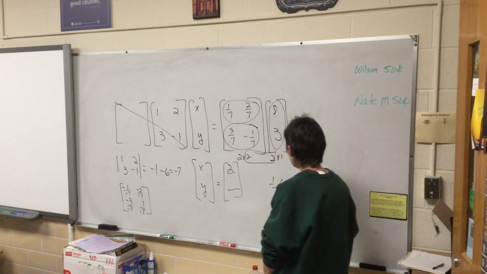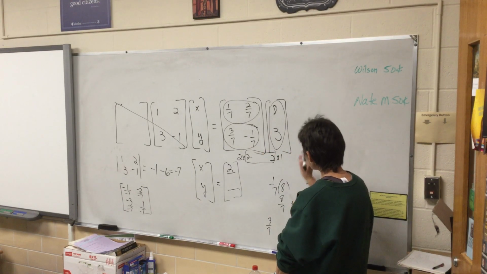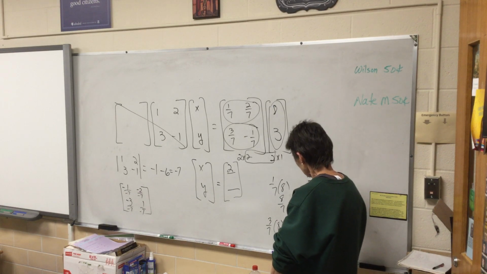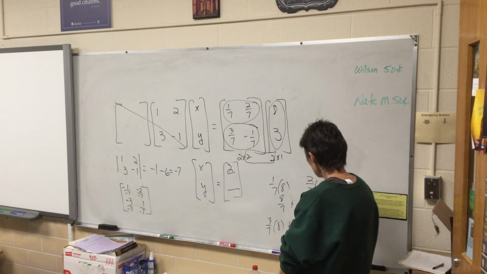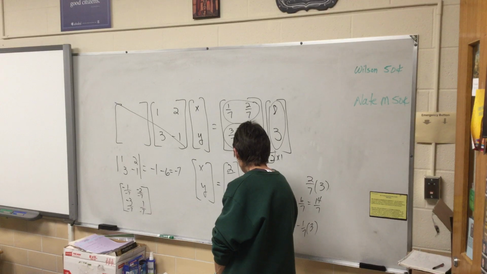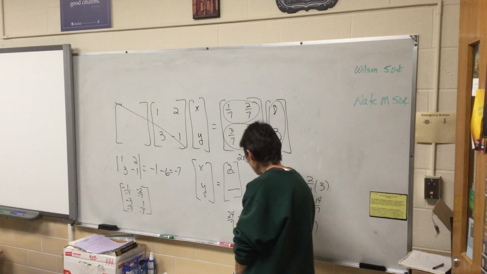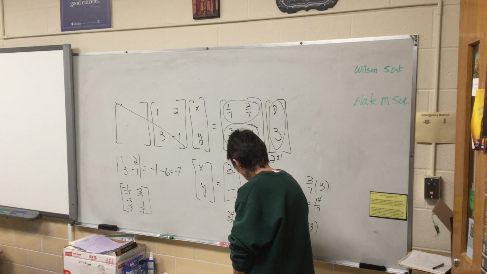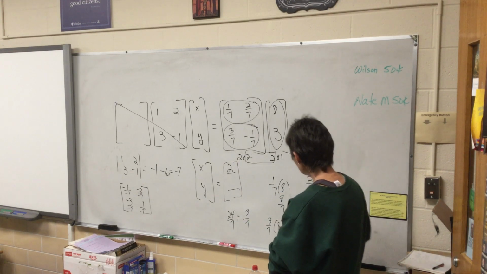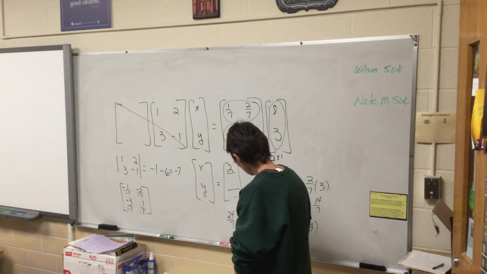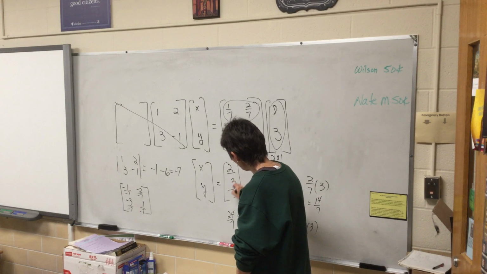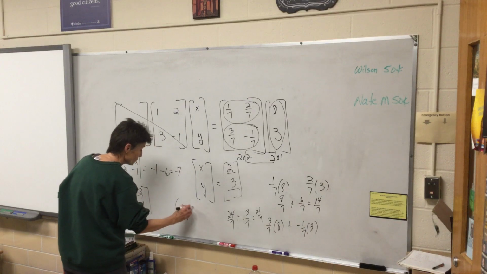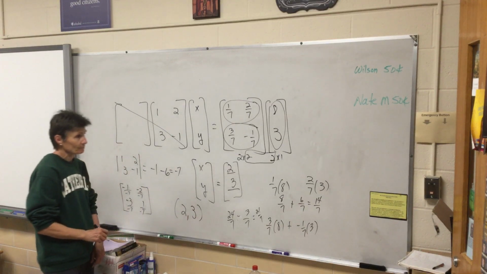So that's 3/7 and negative 1/7 times 8 and 3. So that's 24/7 minus 3/7, which is 21/7 or 3. So the answer to that problem is 2, 3.